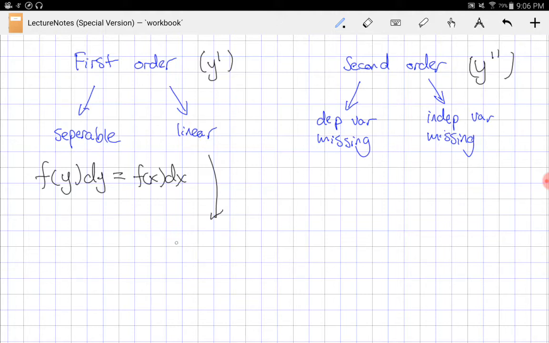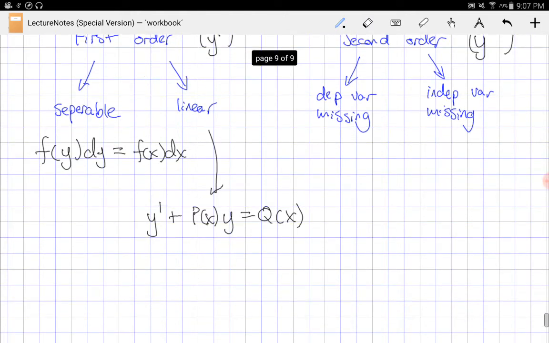And so a linear first order is a differential equation of the form y prime plus p of x times y equals q of x. Note that the coefficient of y prime has to be 1. The coefficient of y can only include functions of x and constants, obviously, and everything on the right hand side has to be a function of x or a constant.